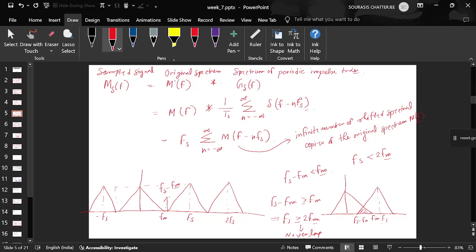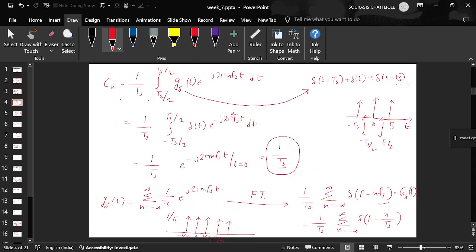So you can see this is the frequency domain representation of the sampled signal, which can be given as the original spectrum of the message signal M(t), convolution with the spectrum of the periodic impulse train. Why convolution?